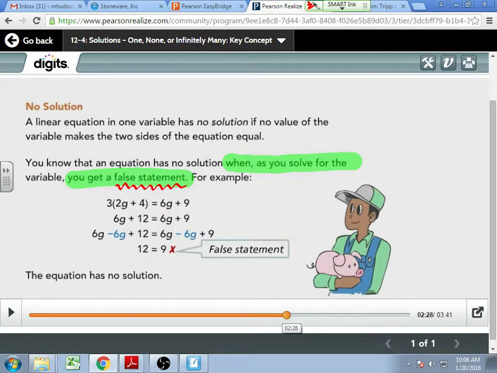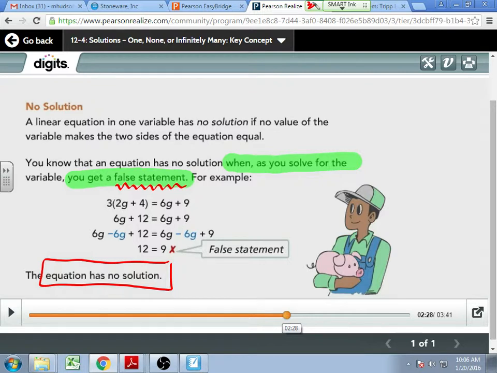Is 12 equal to 9? No. Never can 12 be equal to 9. I don't care what base system you're counting, and I don't care what planet you're on. 12 is not equal to 9. Since that's false, as soon as we see a contradiction, we know the equation has no solution.